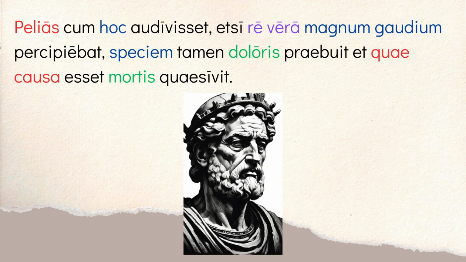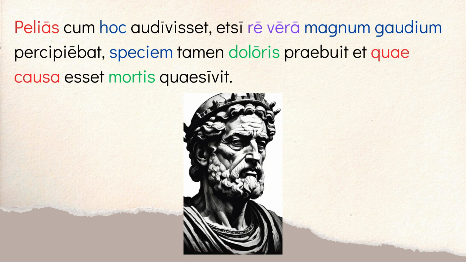It continues. You have Pelias cum hoc audivisset etsi revera magnum gaudium percipiebat, speciem tamen doloris praebuit et quae causa esset mortis quaesivit. Okay, so you have Pelias when he had heard this, right? So cum hoc audivisset. So when he'd heard this, right, that Jason is dead. Although in true fact, so re vera means like truly, right?